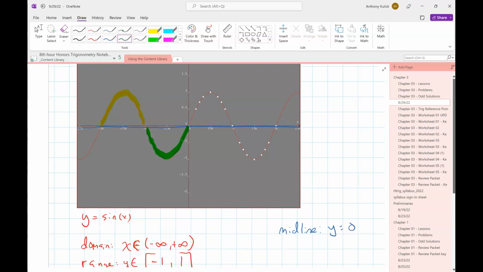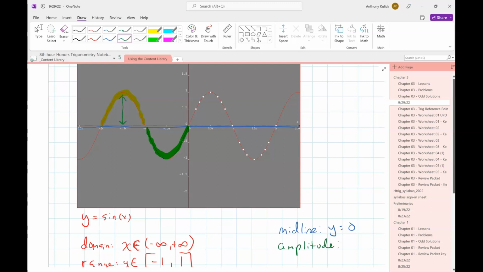The next one we're going to talk about is the amplitude. So the amplitude is the distance from an extrema to the midline. So like that's an example of an amplitude.